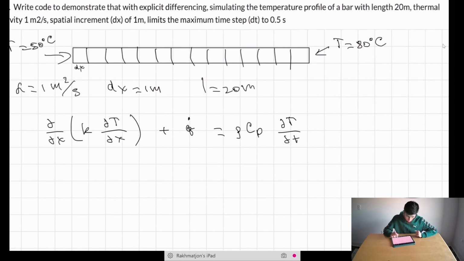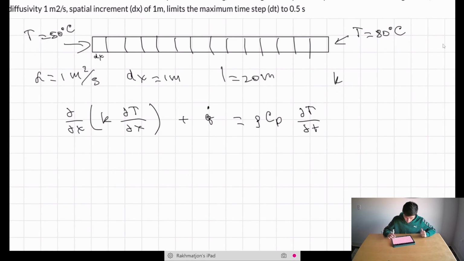Okay, so let's say our k is constant again, because if we didn't say that, our problem would be much more difficult to solve. Okay, and then let's try to approach this problem.